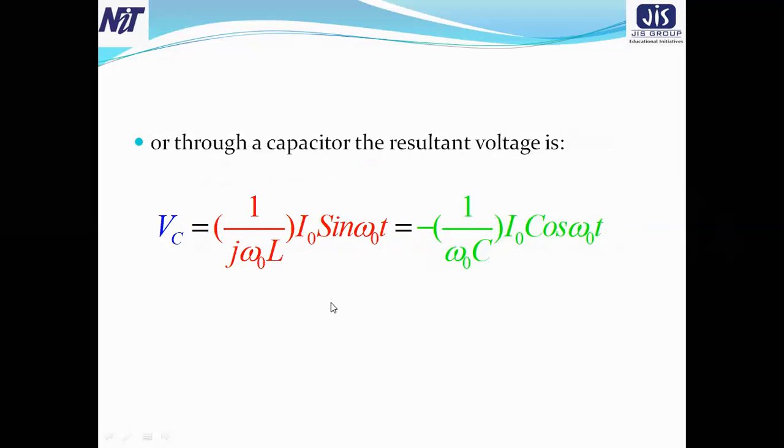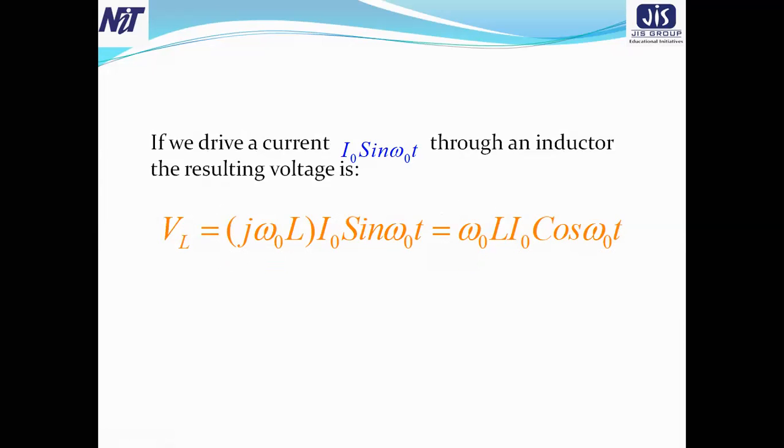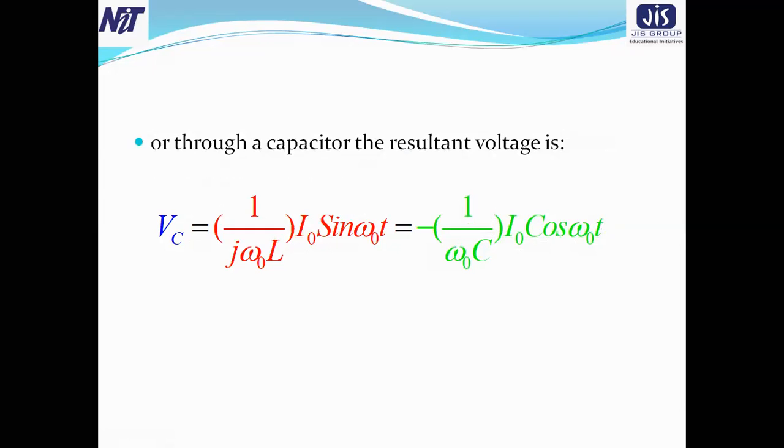Now, what if the current flows through a capacitor? The last one was the current I0 sin omega 0 t through an inductor. For a capacitor, Vc equals 1 by j omega 0 C times I0 sin omega 0 t.